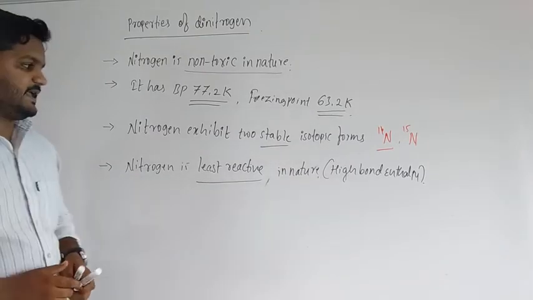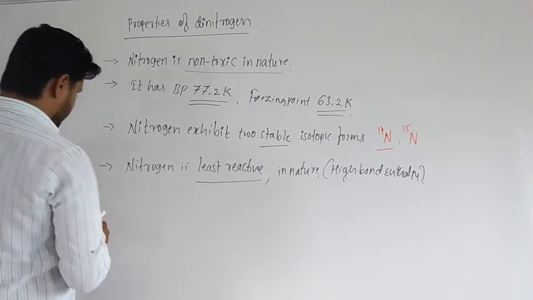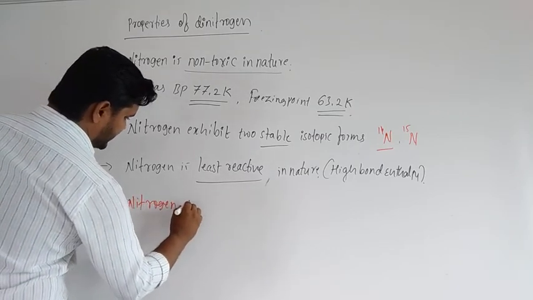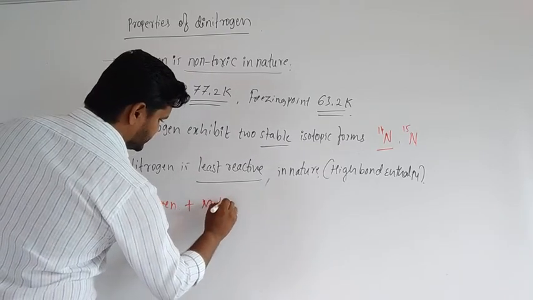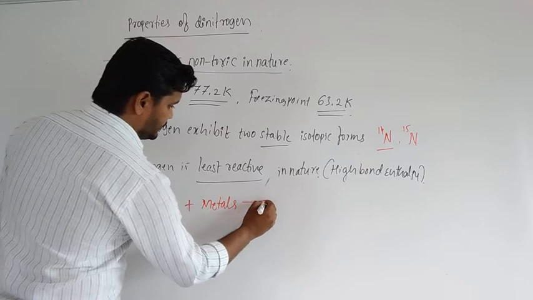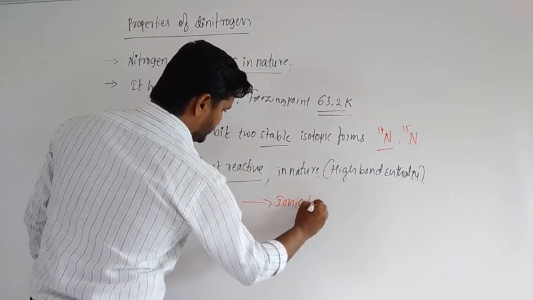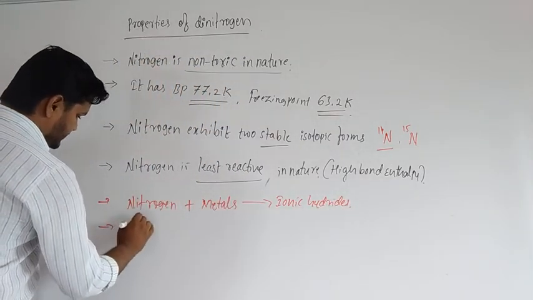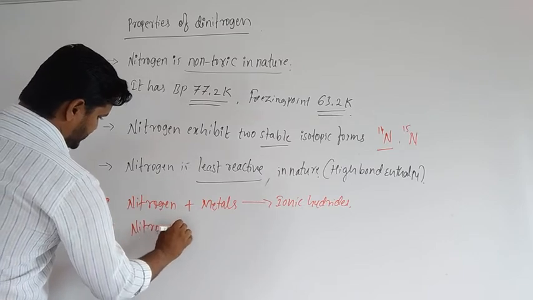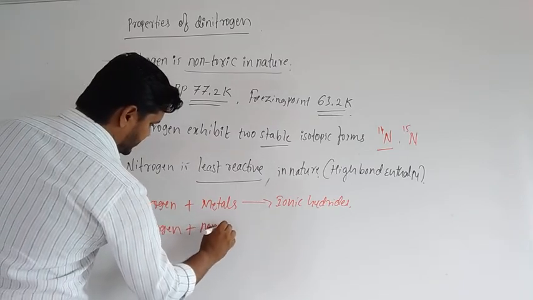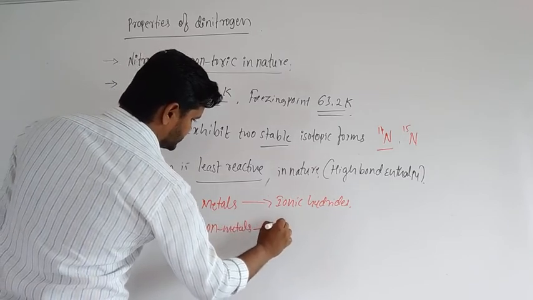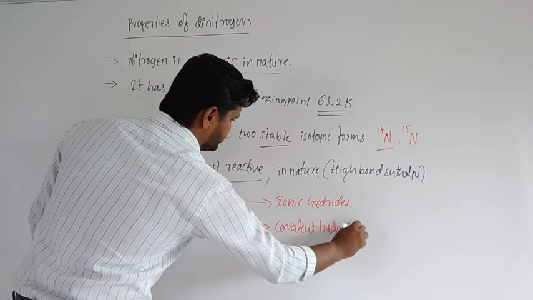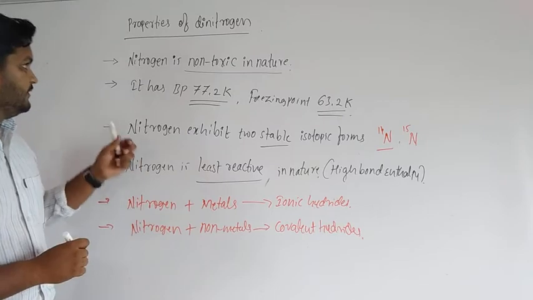And one more chemical property: when nitrogen reacts with metals, it gives ionic hydrides. And when nitrogen reacts with non-metals, it gives covalent hydrides. So these are the physical and chemical properties of dinitrogen.